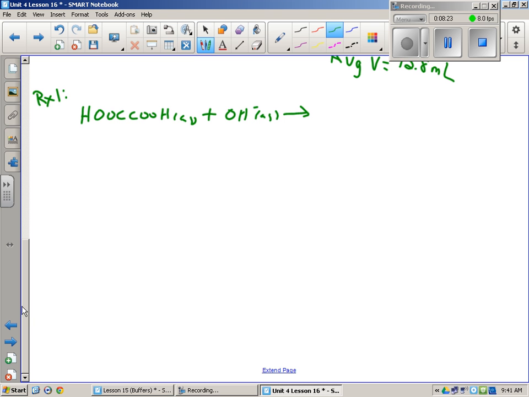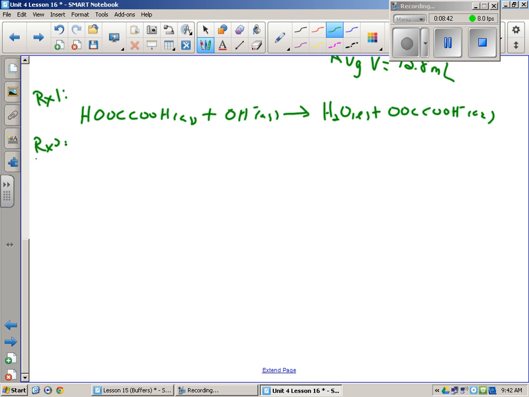So proton donor, proton acceptor, you're going to get H2O and OOCCOOH minus, or vice versa, however you want to write that. Lost an H, right? Basically that H went to the OH minus to give you water. That's reaction 1. Reaction 2 now.